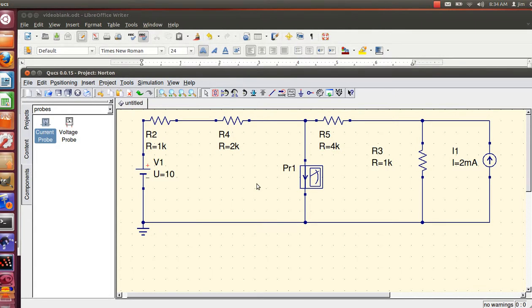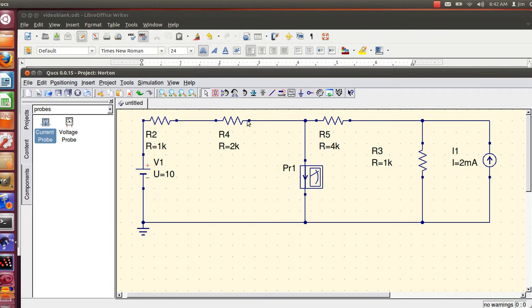Now, what I have here is a two-source circuit, so the analysis of it is not as straightforward as it could be, but we can analyze this. In this circuit I have four unknown currents. I have the current flowing out of my voltage source and into my voltage source.